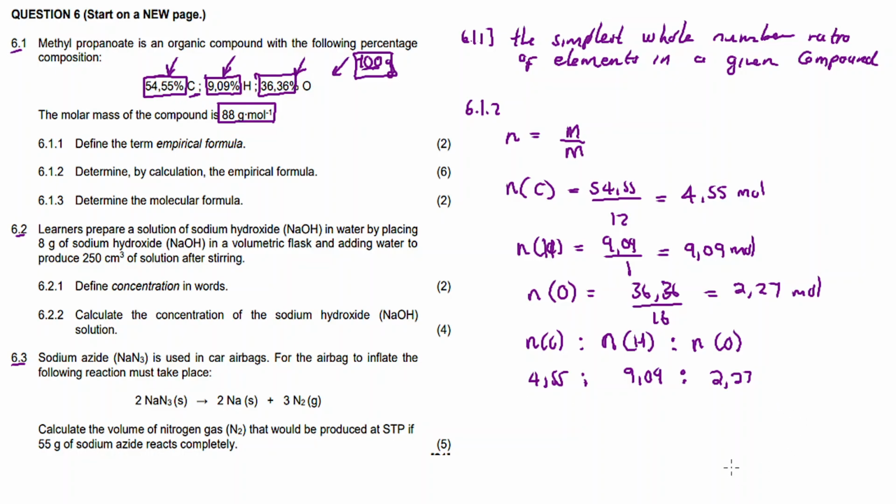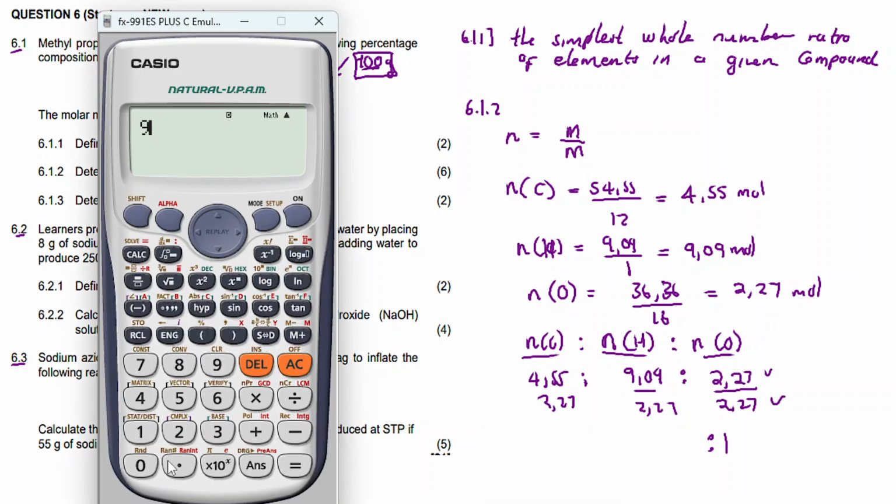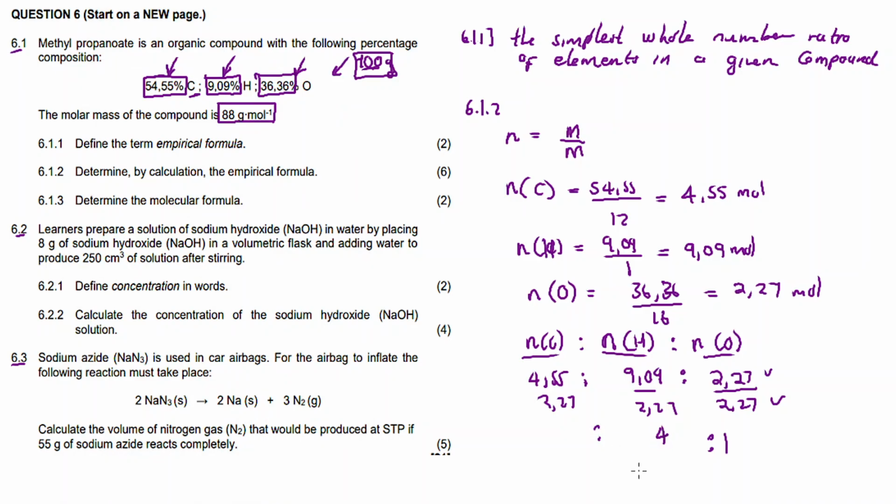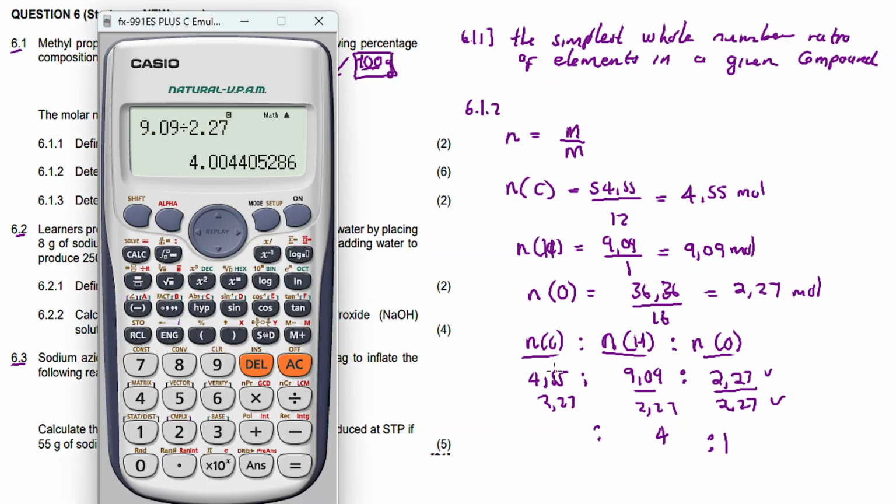We take the smallest value out of the 3 numbers of moles and divide each number by it. 2.27 divided by 2.27 is 1. 9.09 divided by 2.27 is 4. 4.55 divided by 2.27 is 2.